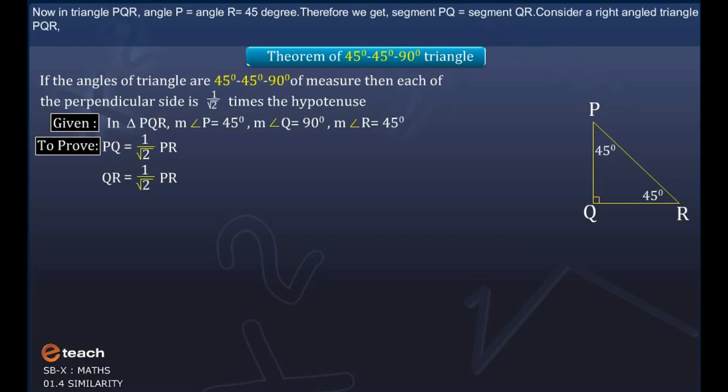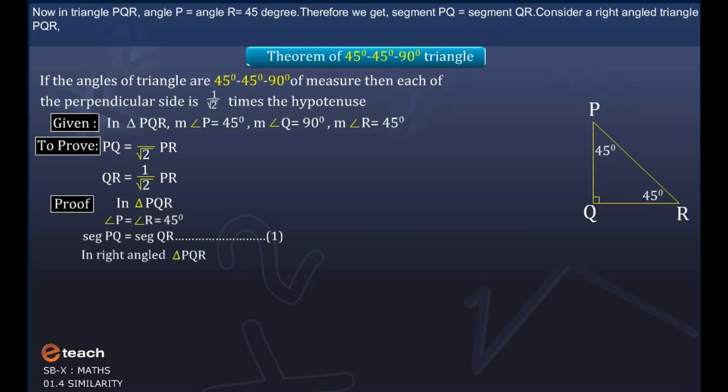Now, in triangle PQR, angle P is equal to angle R is equal to 45 degree. Therefore, we get segment PQ is equal to segment QR. Consider a right angle triangle PQR.